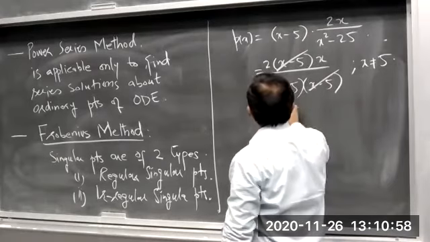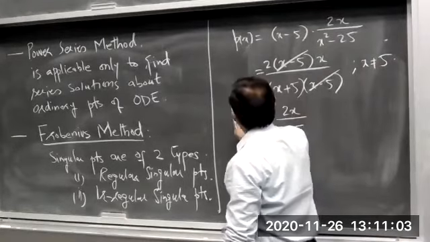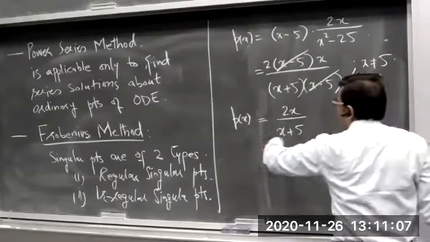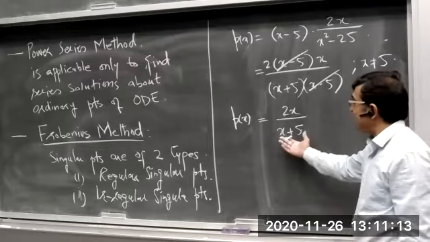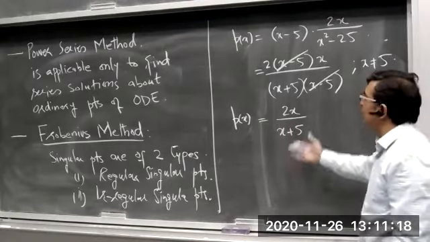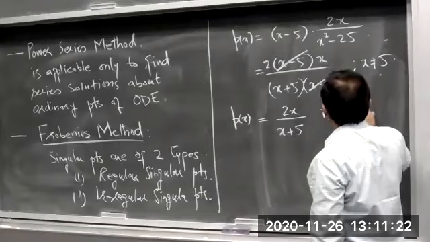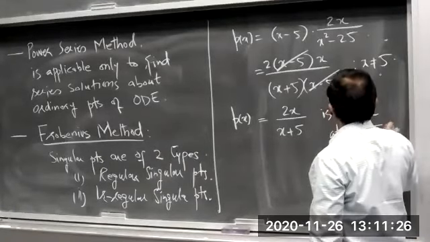So it becomes what? 2x divided by x plus 5 small p of x. अब x equal to 5 पे ये फंक्शन क्या है? ये कॉन्टिन्यूस और ये एनालिटिक है. x 5 यहां पे पुट करें तो अनडिफाइंड तो नहीं होता, it's a fractional function. सो small p of x is analytic at x equal to 5, ठीक है.